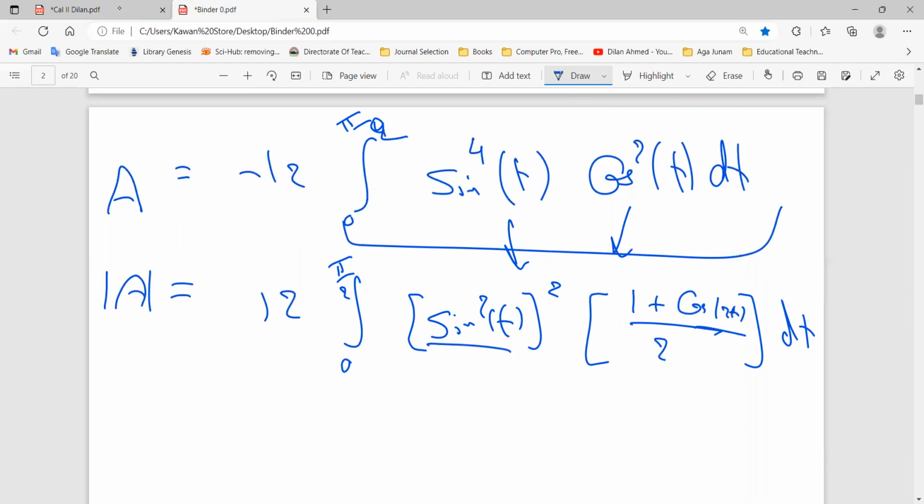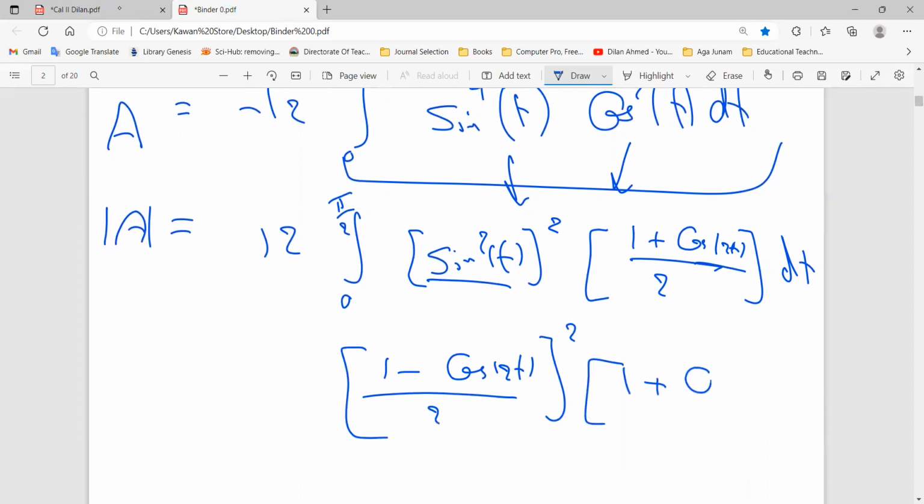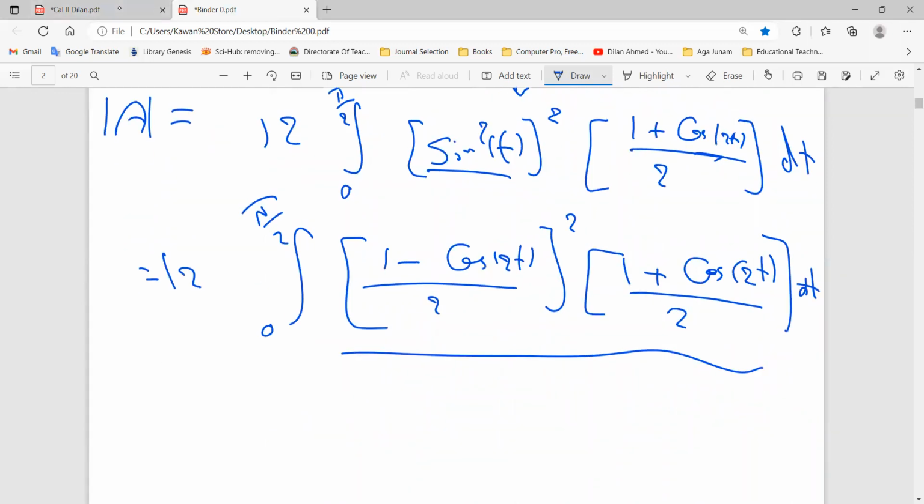And change that one to what again? 1 minus cosine 2t over 2, all squared, multiplied by 1 plus cosine 2t over 2 dt, 12, from 0 to pi over 2. And I'm going to leave that one because you're experts and can find the integral as we mentioned before.